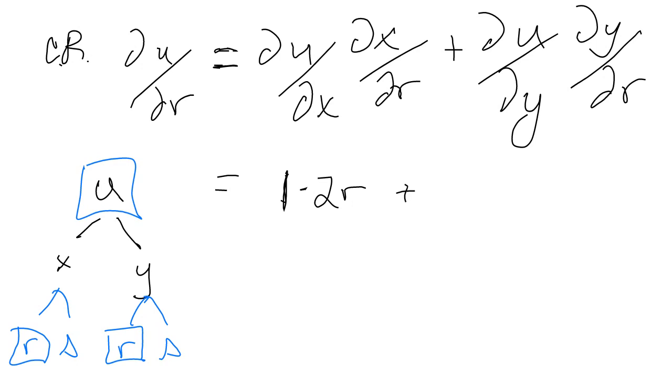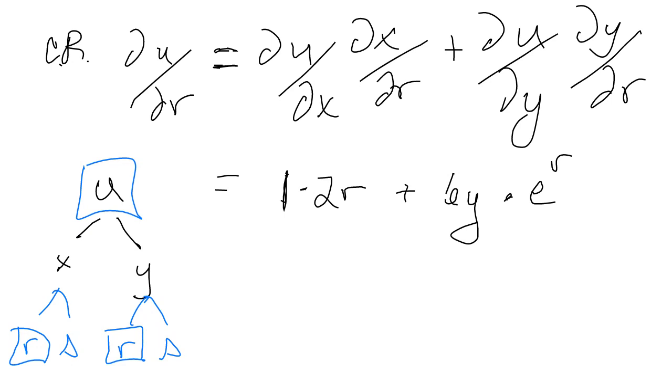And then plus, now I want the partial of u with respect to y, so the x term is a constant, derivative of that is 0, derivative of 3y squared is 6y, times the partial of y with respect to r, which is e to the r, derivative of e to the r is e to the r, and then natural log of s, derivative of that is 0.